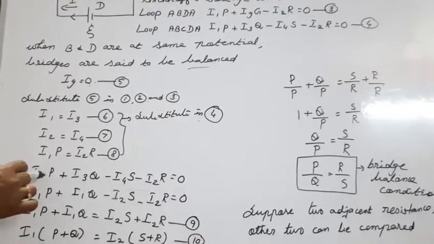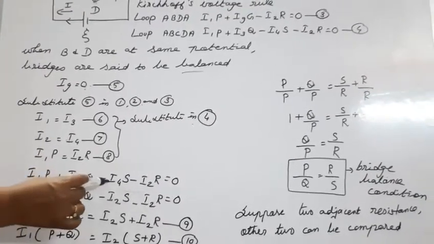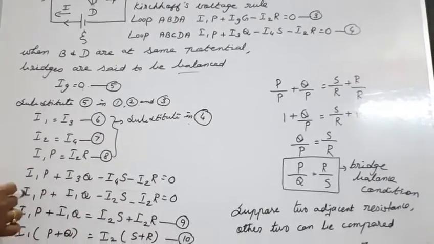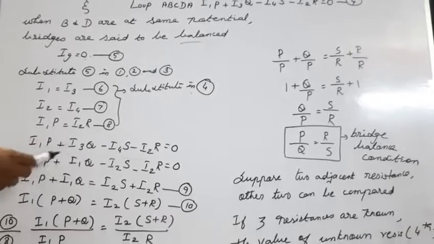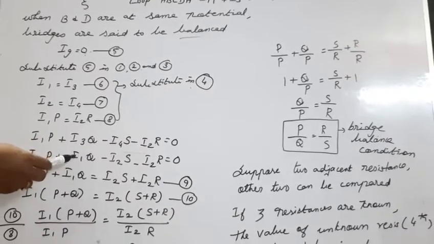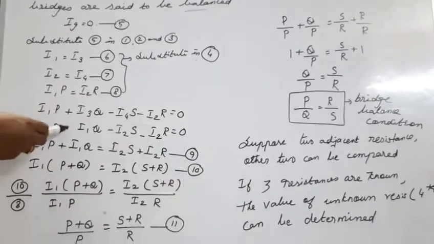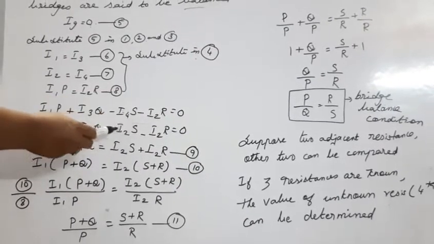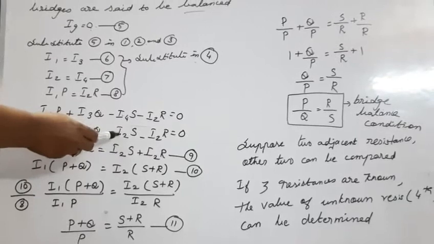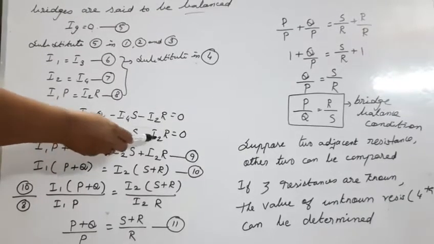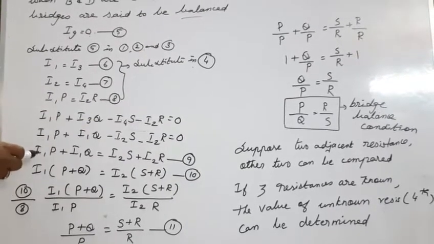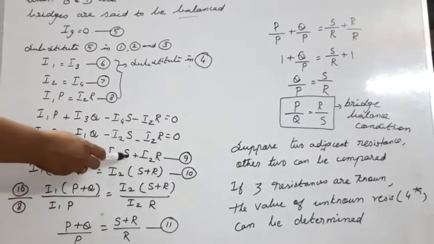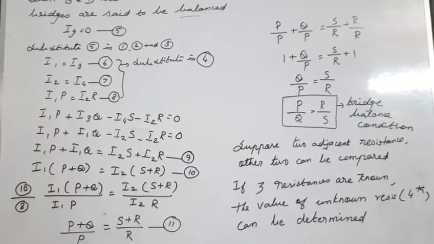In the fourth equation, I1P plus I3Q minus I4S minus I2R, we substitute I1 instead of I3. Therefore I1P plus I1Q minus, instead of I4 we substitute I2, therefore minus I2S minus I2R. Now rewriting, I1P plus I1Q equals I2S plus I2R.